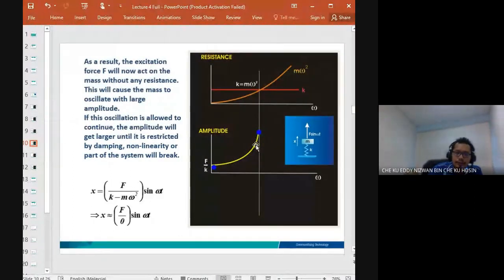So that's why in industry we not only consider the resonant frequency, but we must set the operating range. Normally it must be 20% away from the resonant frequency.